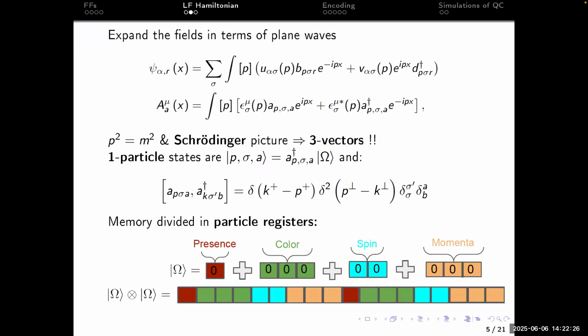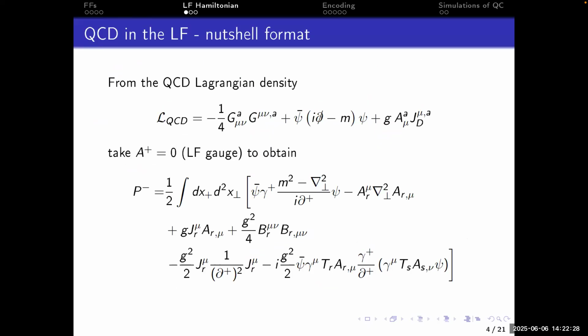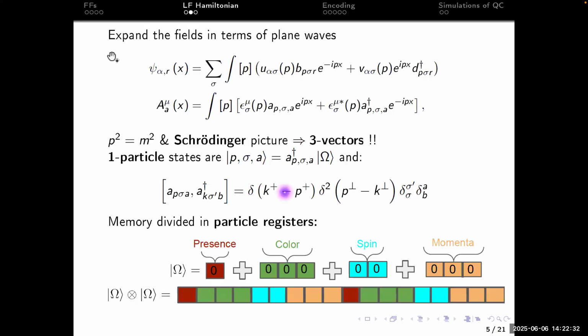So to codify this Hamiltonian, because we have to somehow translate this to a quantum memory, we expand the fields in terms of creation and annihilation operators in plane waves. So we can define these single-particle states. Importantly, these creation and annihilation operators satisfy the canonical commutation relations.